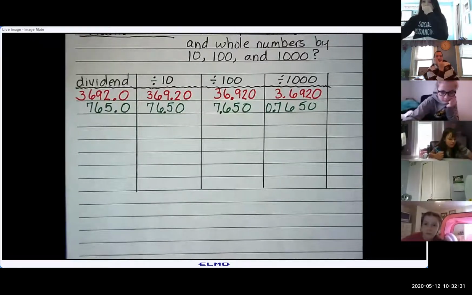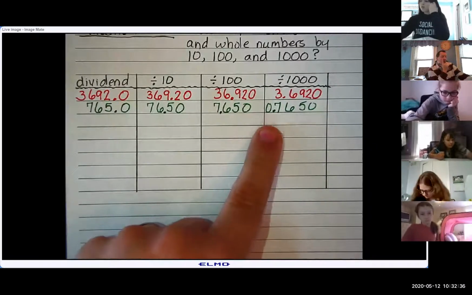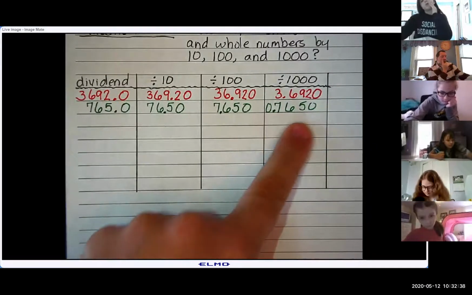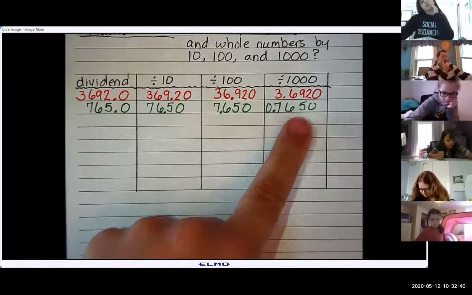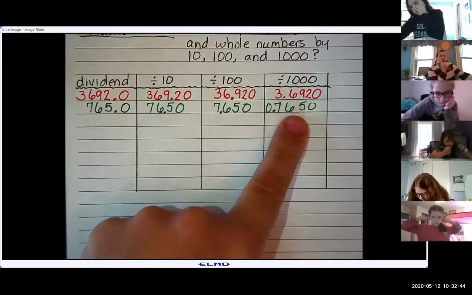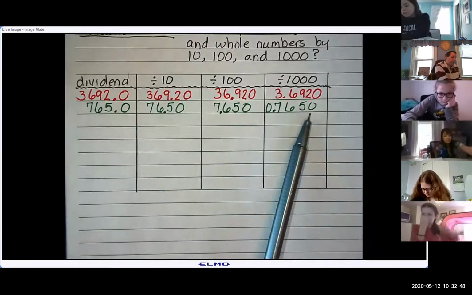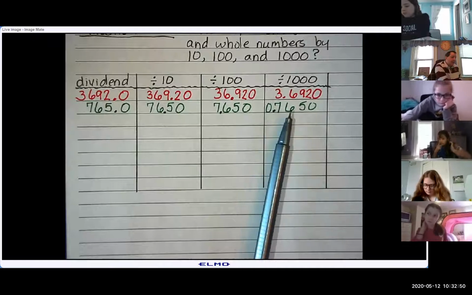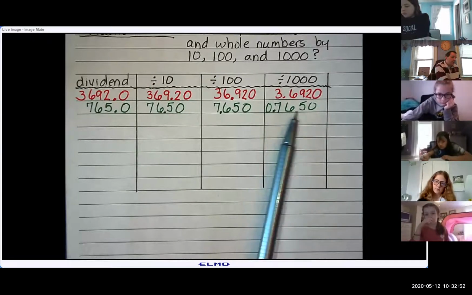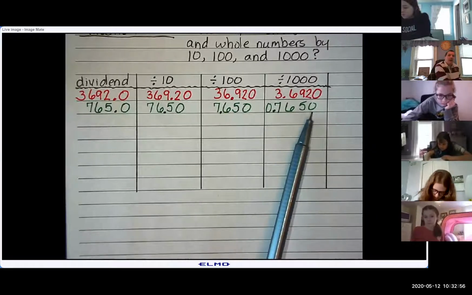Close. 0 and what is that 4-digit number? 7,650. What place value is that 0 in? Tenths, hundredths, thousandths. Ten thousandths. So now read me that decimal.